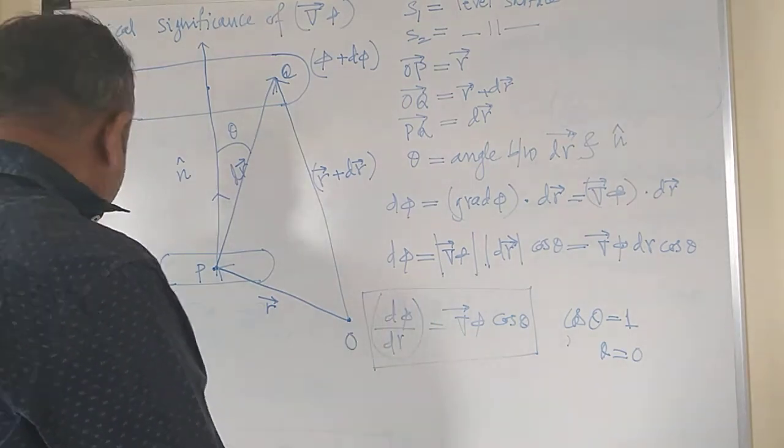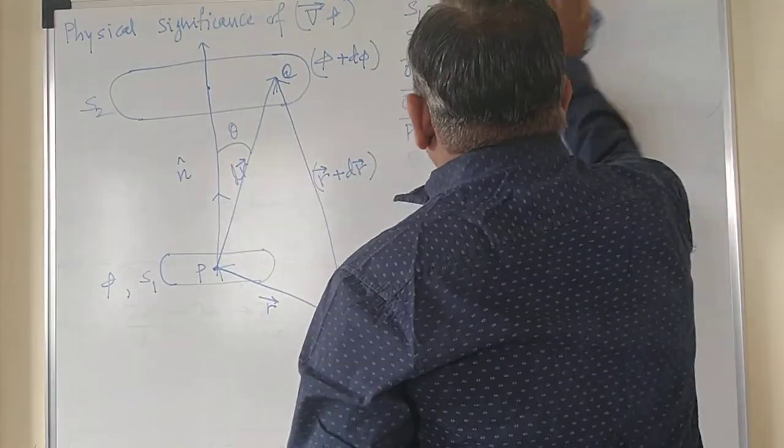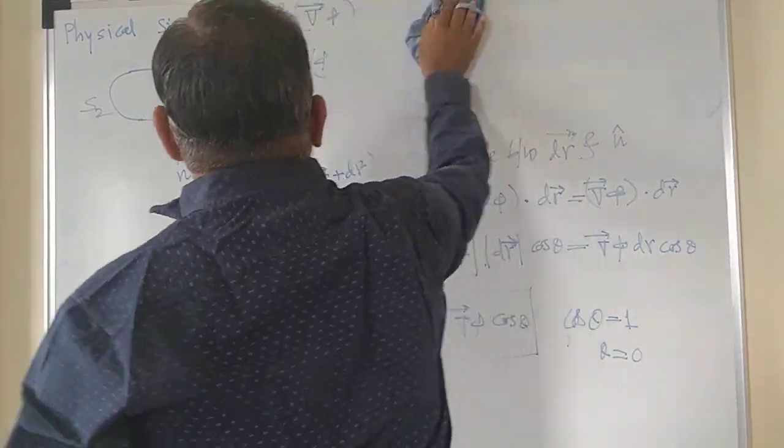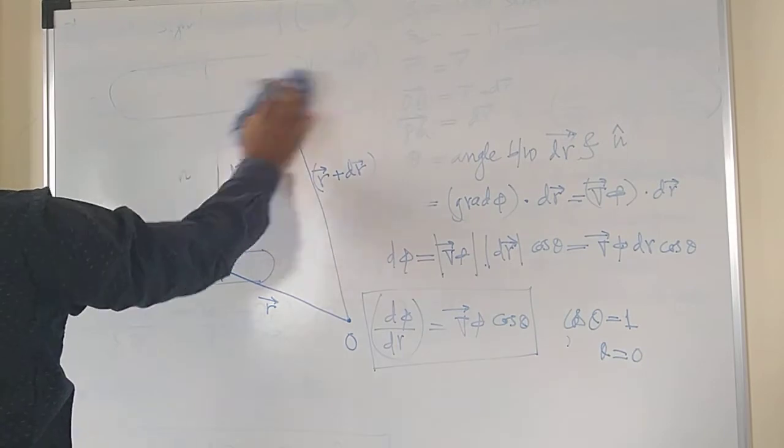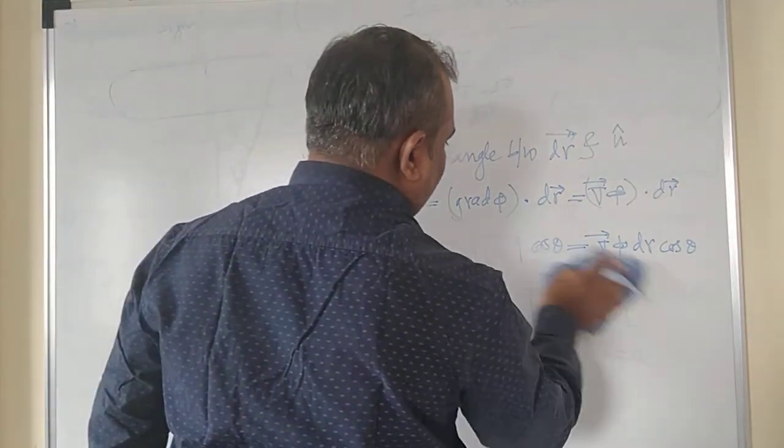Let us solve a problem based on this. Let's study the first problem, one problem based on the scalar point function, and the rest of the problems we will solve later on.